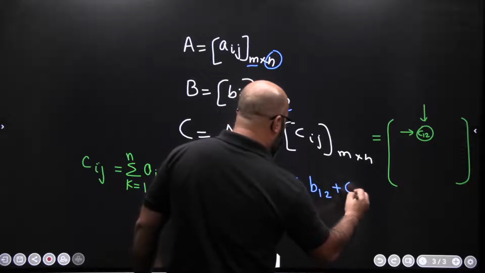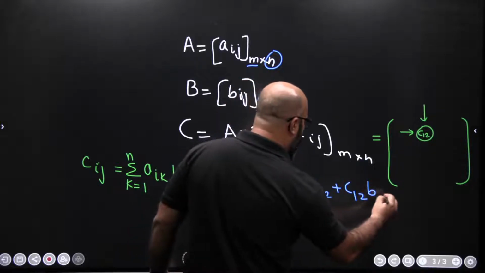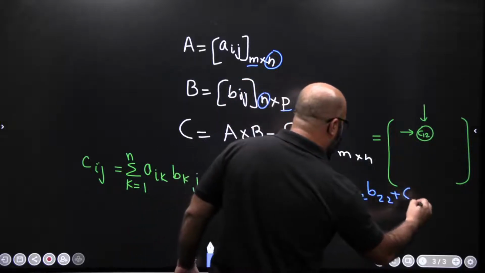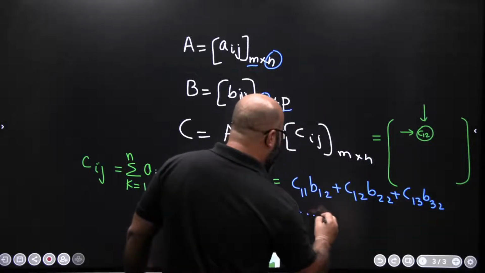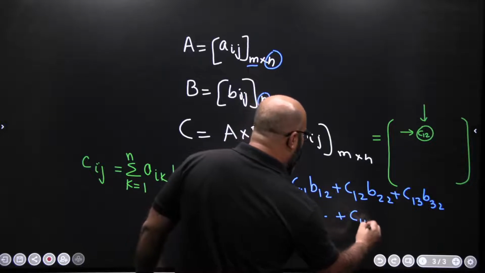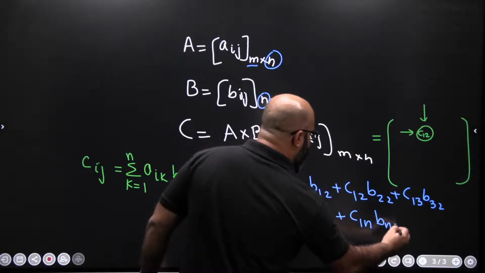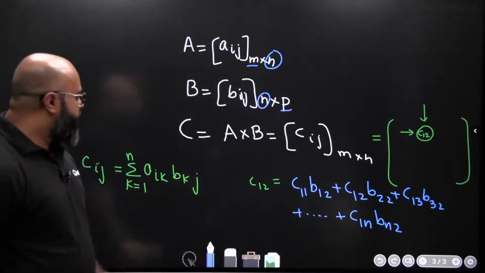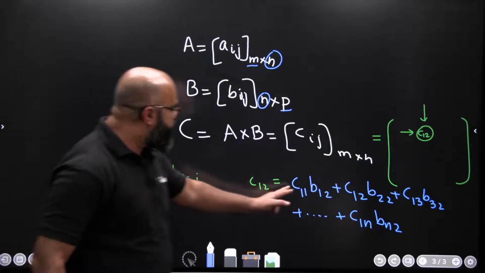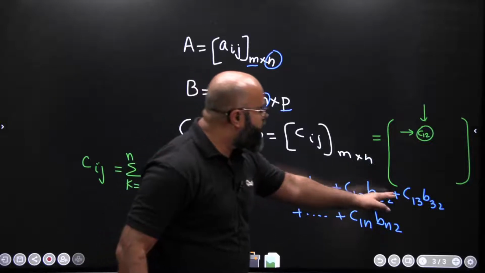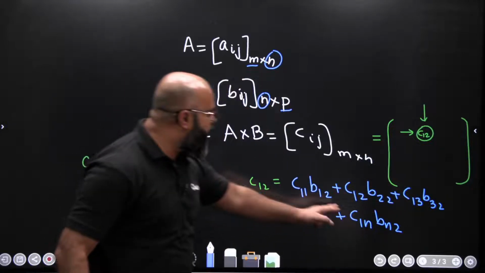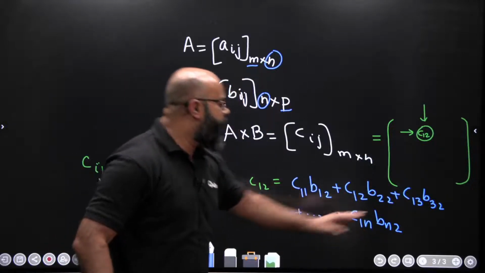Then C12 B22, then C13 B32, and it goes like this till we exhaust all the n. So this is the formula, what it means is that C12 is actually C11 B12 plus C12 B22 plus C13 B32 and C1n into Bn2.